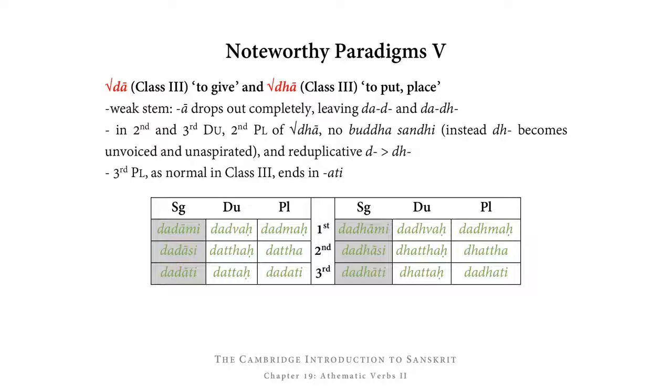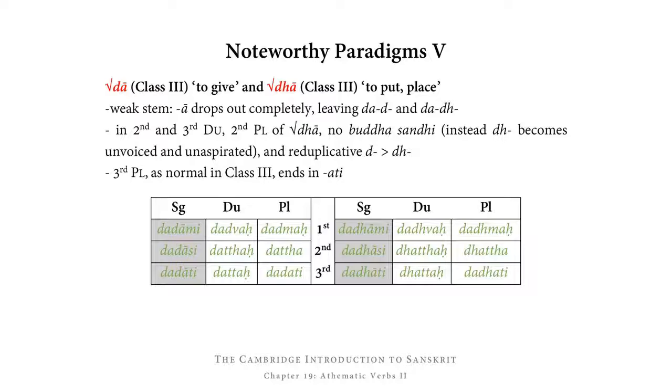Now, that gives us the strong forms singular dadāmi, dadāsi, dadāti, and dadhāmi, dadhāsi, dadhāti, respectively. The weak stem drops the final ā completely, so we have dad and dadh left.